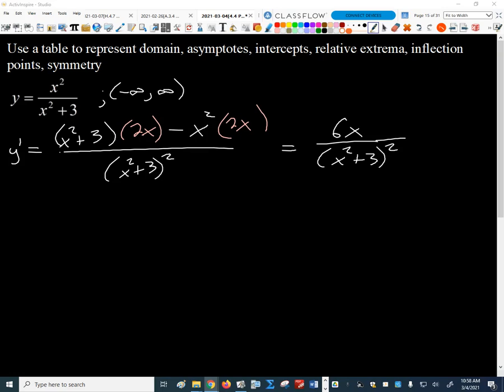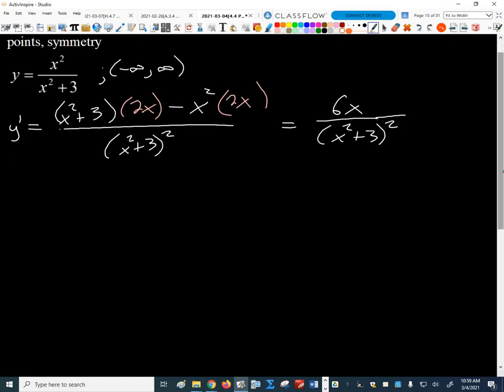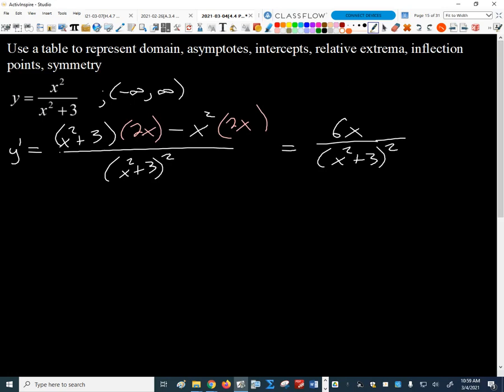So there's our first derivative. Let's go ahead and find critical numbers based on our first derivative. So are there any places, give me thumbs up or thumbs down, are there any places where the first derivative is undefined? Thumbs up is yes, thumbs down is no. Okay, again, are there any places where the first derivative is undefined?